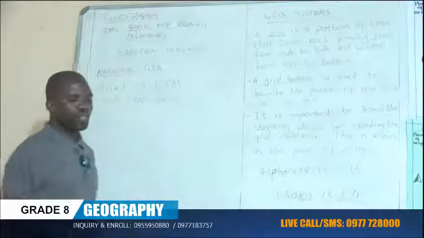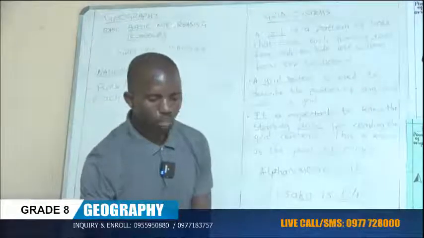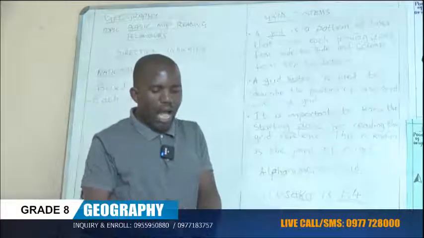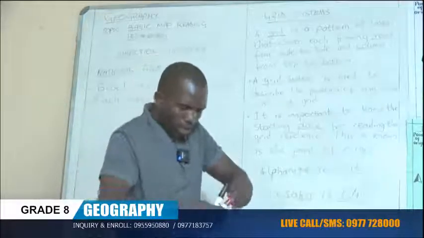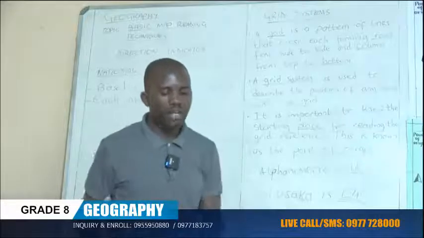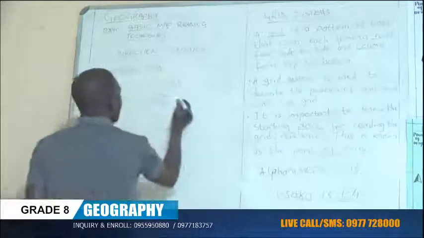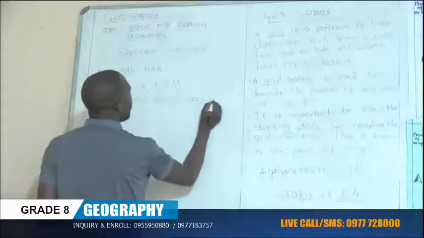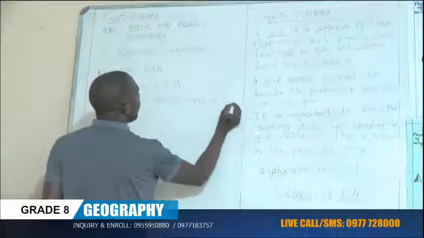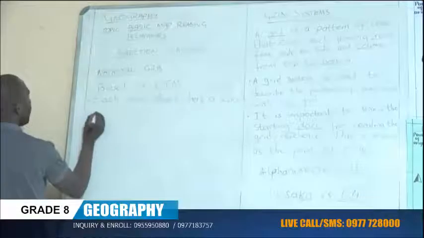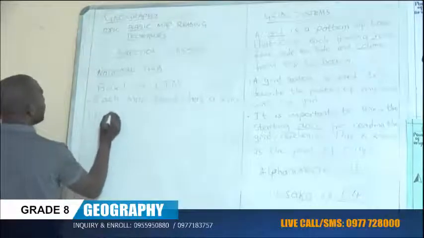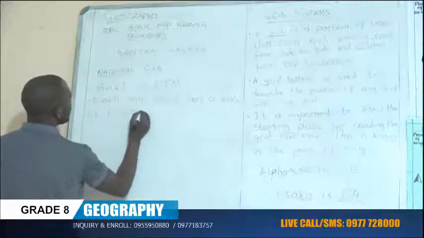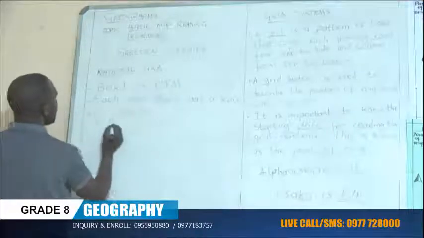I hope you are able to see my handwriting. I hope you are able to read clearly. Each map sheet has a scale. I think I'll underline with a different color. Each map sheet has a scale of 1 to 50,000.